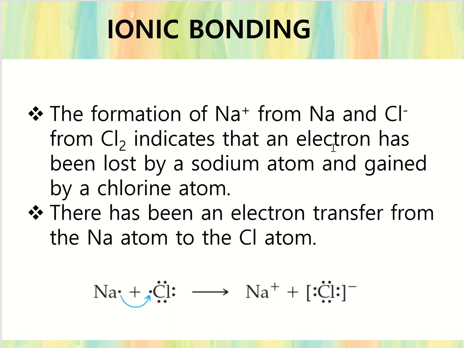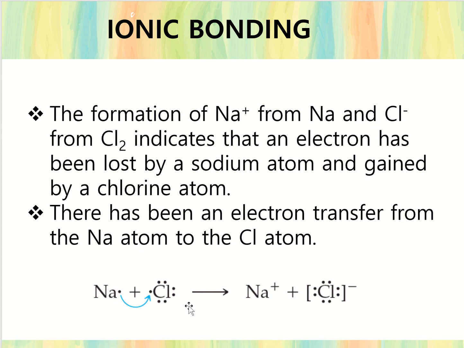The formation of the sodium ion from sodium and the chloride ion from chlorine indicates that an electron has been lost by a sodium atom and gained by a chlorine atom. So there has been an electron transfer from the sodium to the chlorine atom, as we see demonstrated here.